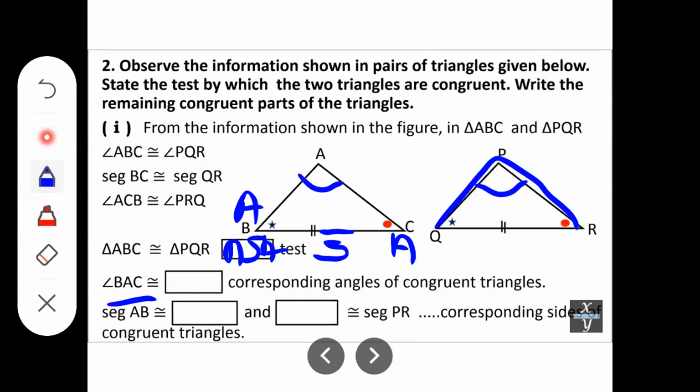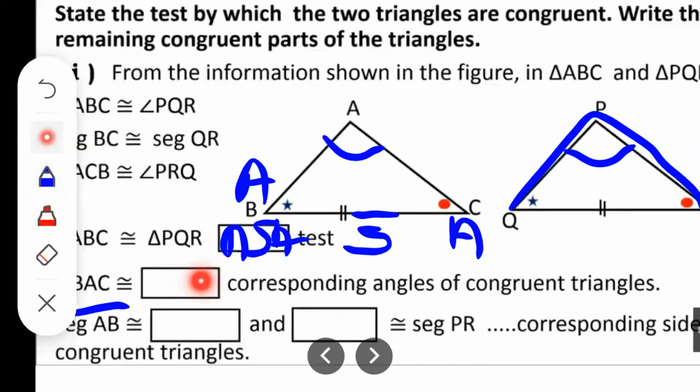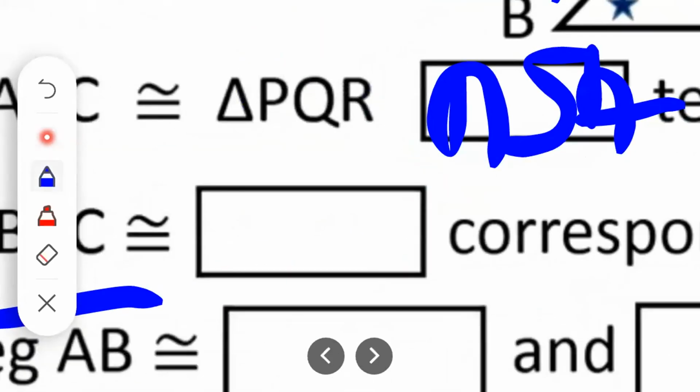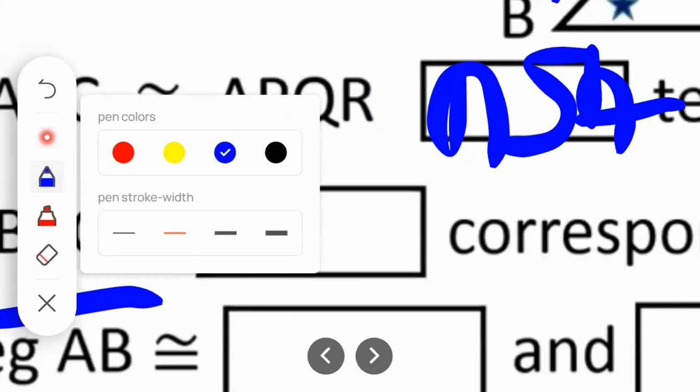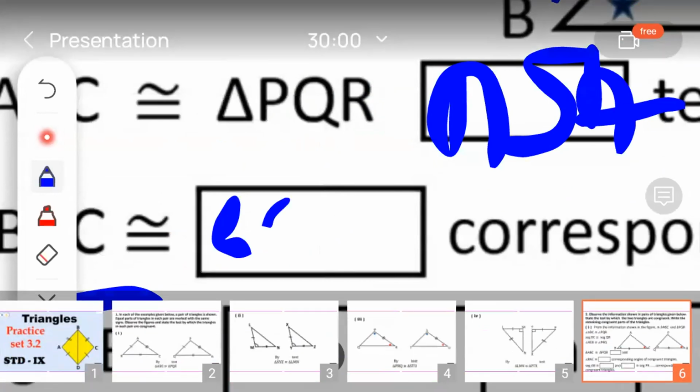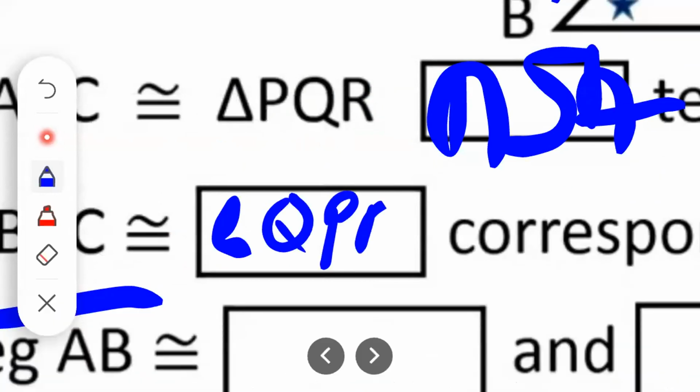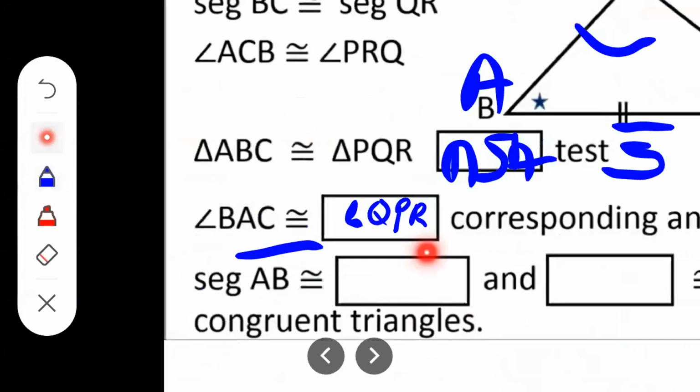Right? So here you have to write angle QPR.